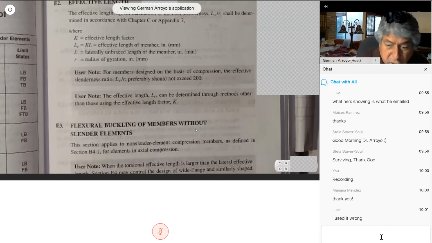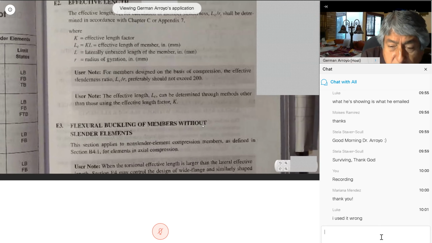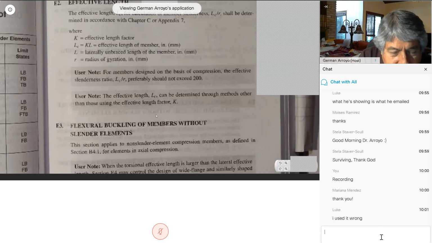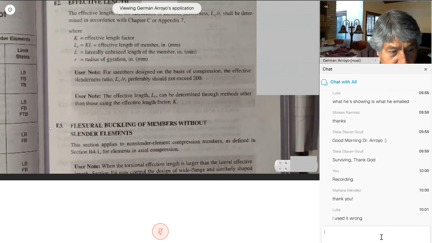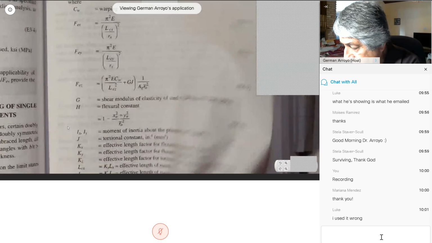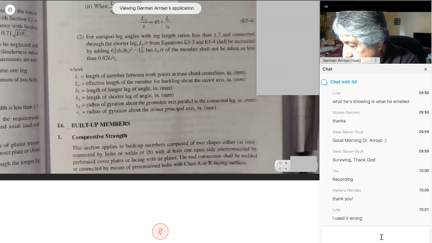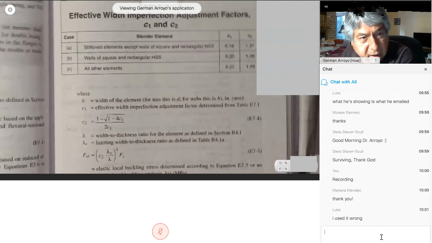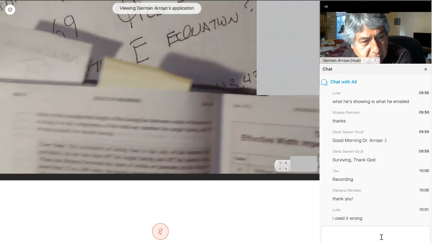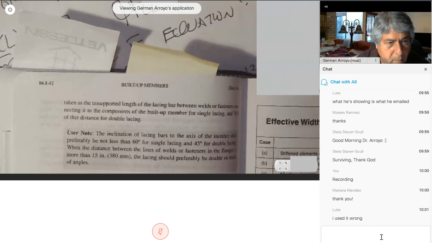A member without a slender element. That means that these members do not have local buckling. If the member were to have local buckling, and later I'm going to do an example problem next week with local buckling, we have to go to E7. And E7 is given on page 16.142.